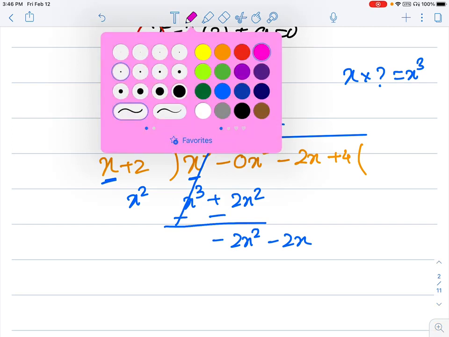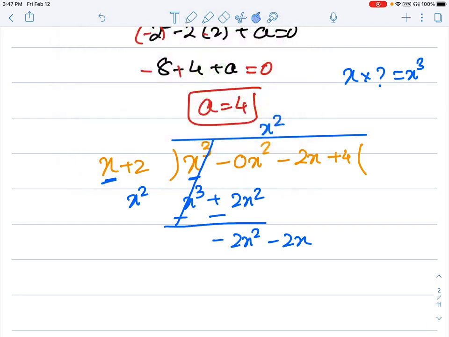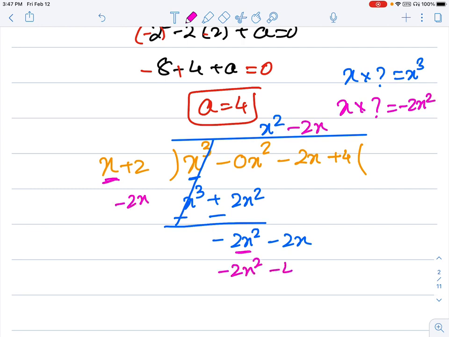Next, x should be multiplied with what to get negative 2x square? It should be negative 2x. So I multiply with negative 2x: negative 2x square, negative 4x. Minus minus gets cancelled, 2x plus 4.